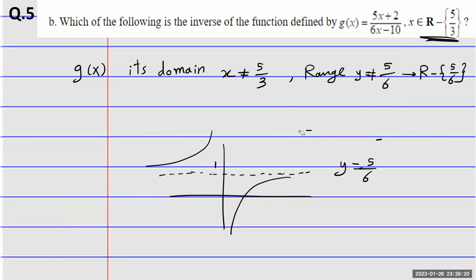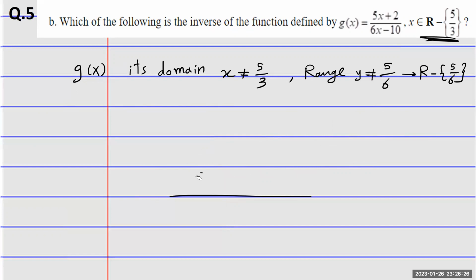So let's continue. Before finding the inverse of any function, you have to assign the domain and range of the given function. After that, find the inverse by the same procedure I did in the last question by writing y equals 5x plus 2 over 6x minus 10.